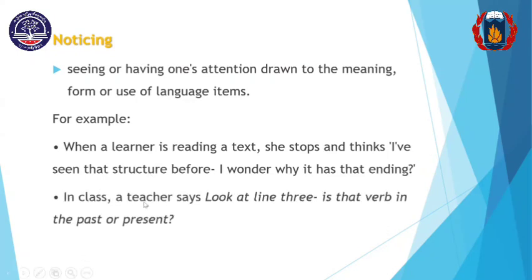Or for example, in the classroom, the teacher says, look at line 3. Is the verb in the past or present? Here we are introducing the grammar. To notice the grammar rules, the teacher lets the students look at which line, and whether it is past or present.